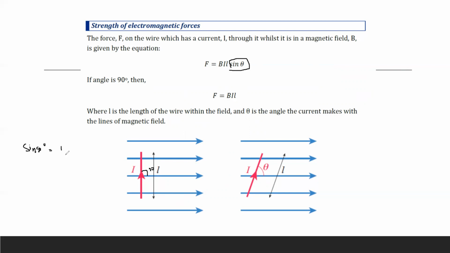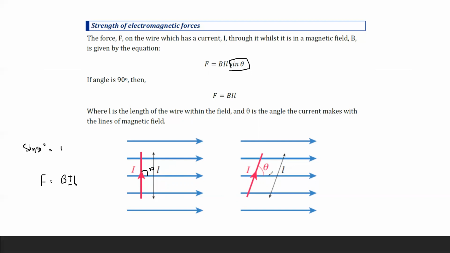So when the wire is exactly perpendicular, F equals B, the strength of the magnetic field, I, the current passing through, and L, the length of the wire which is perpendicular to the magnetic field. Sine 90 is 1, so we get this force. The wire will experience a maximum force when it is perpendicular.